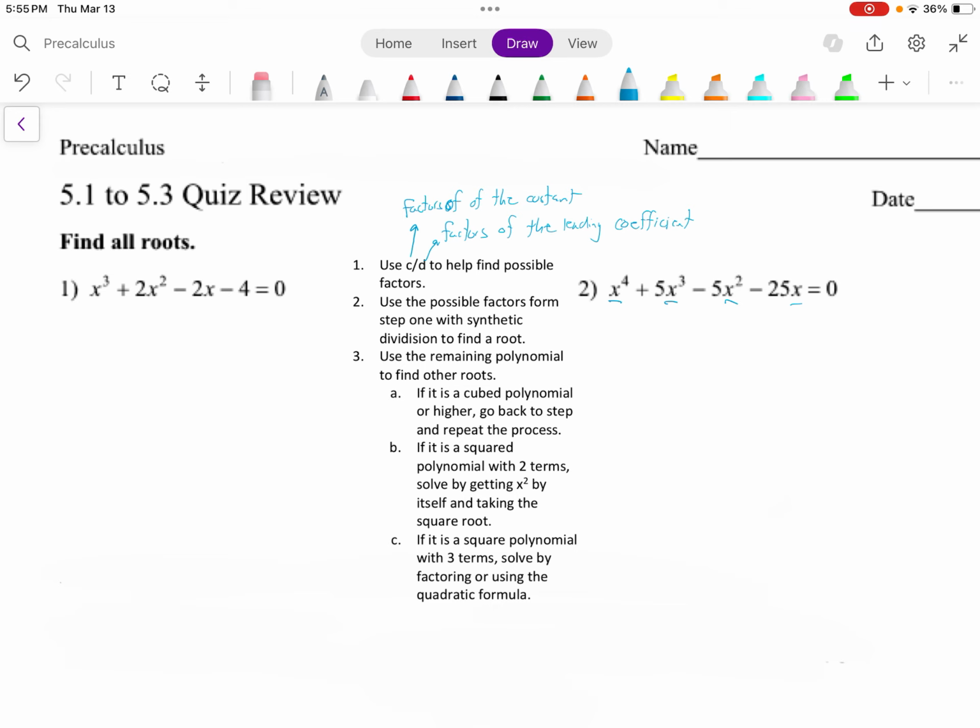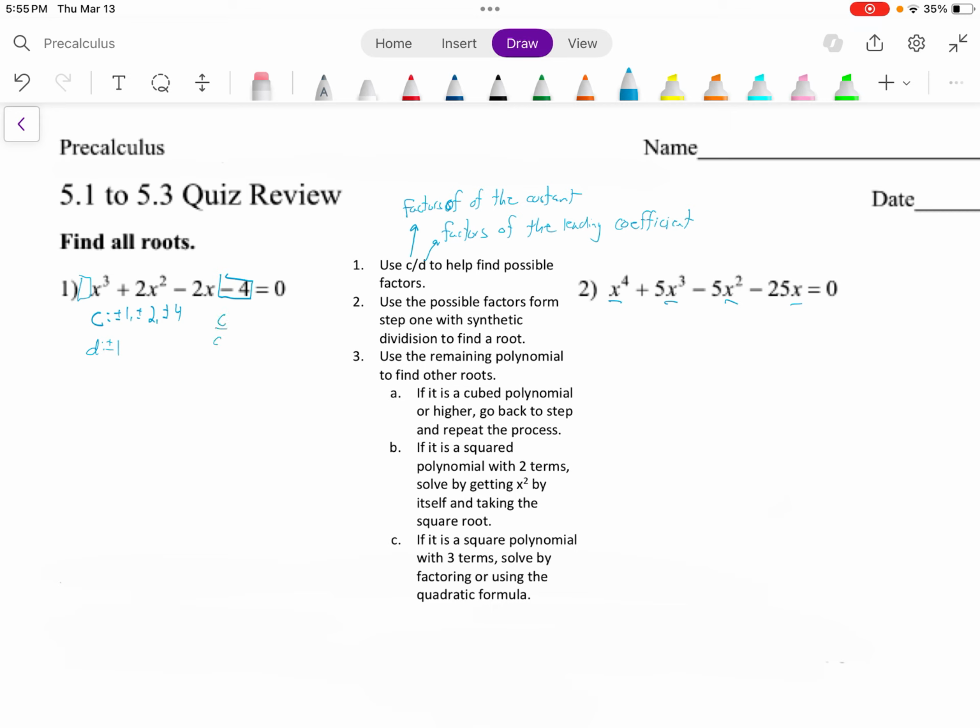So we're going to write down C, factors of the constant. So that's plus or minus 1, plus or minus 2, plus or minus 4. So numbers that go into 4. D, that's the leading coefficient, which is just 1. So when the leading coefficient is 1, it makes it pretty easy.